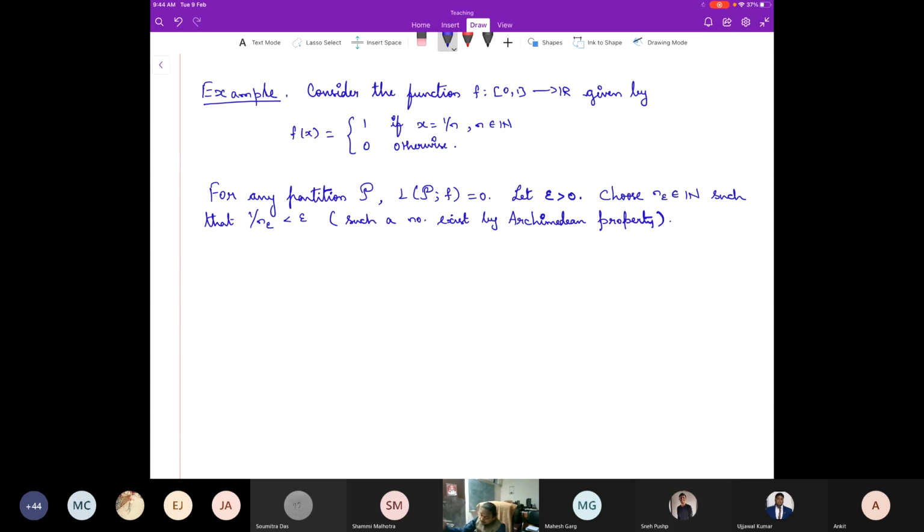What will be your choice of the partition?